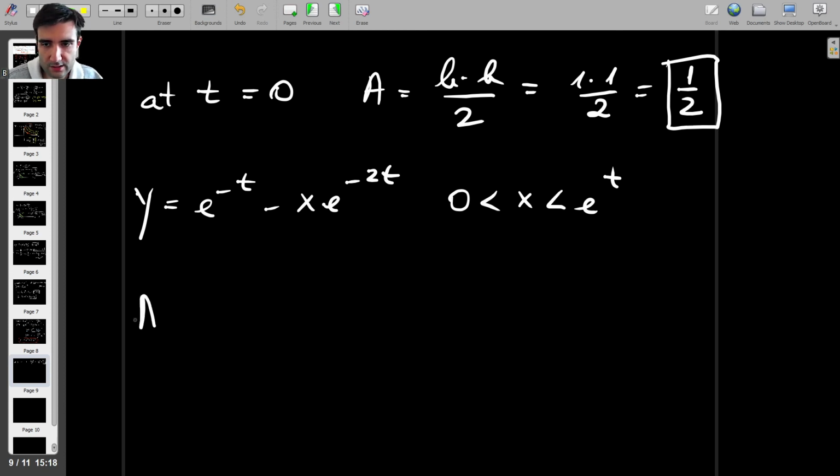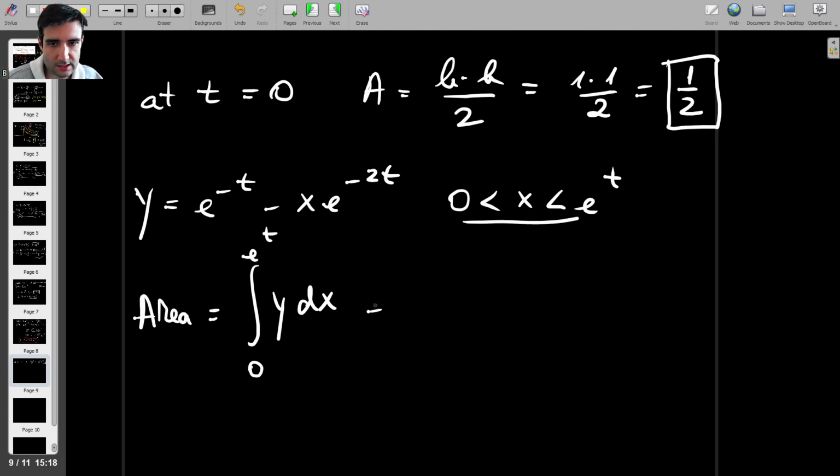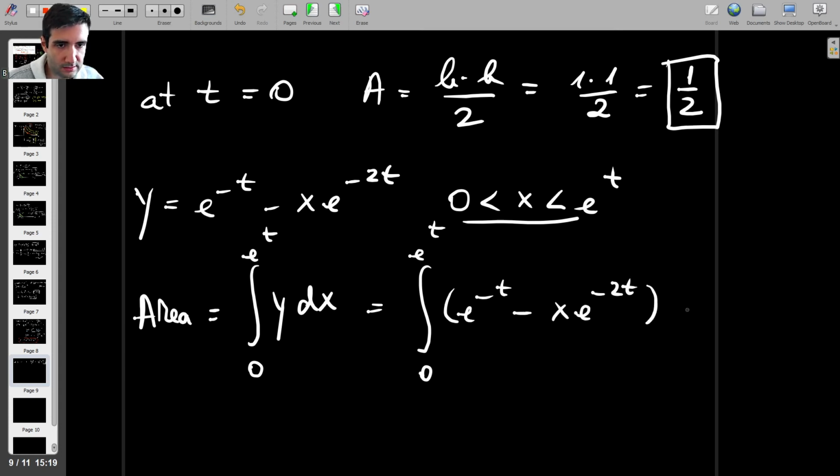So the area is going to be the integral of y dx, and the limits are the limits of x. That's from 0 to e to the power t, of e to the minus t minus x e to the minus 2t dx.